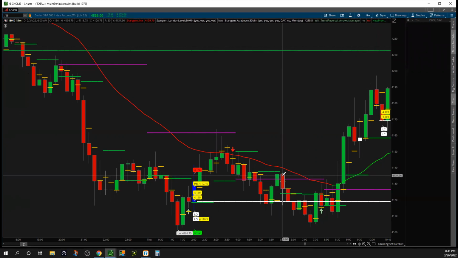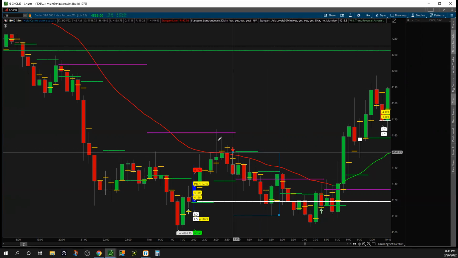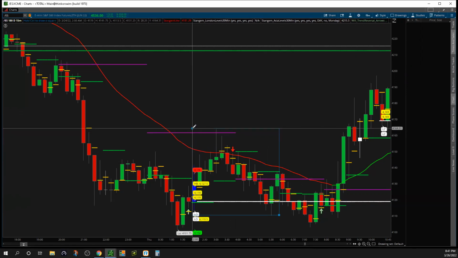6 a.m. candle. We got a low here. London closed, London open. Looks like we got a high right here. Blue candle is London open on this chart.